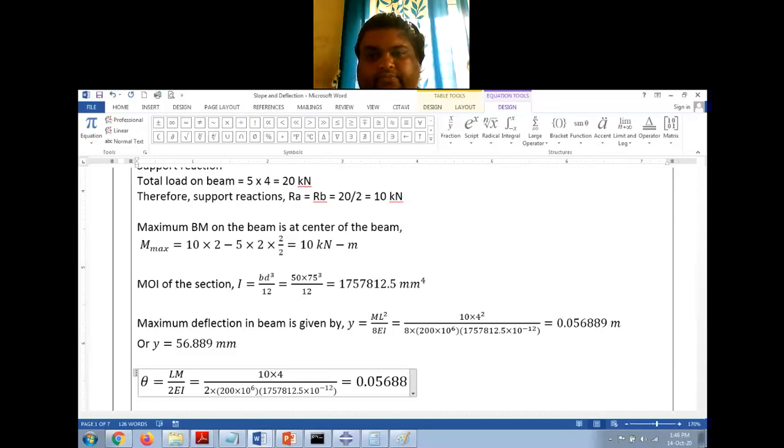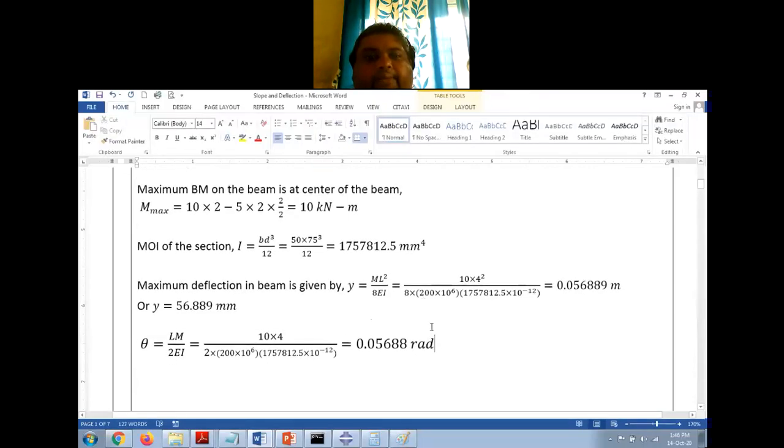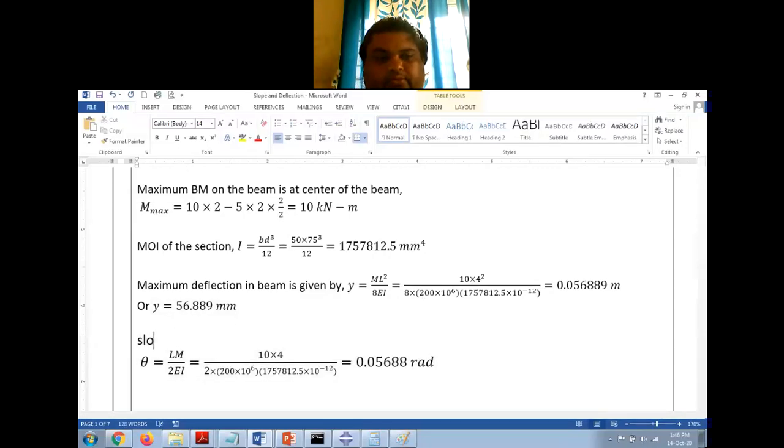Yeah, right? So the unit is radians. Okay, so this is how we find the slope. Any questions on this?